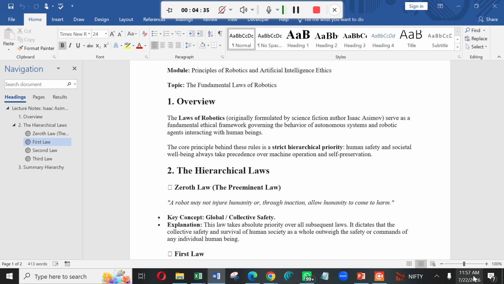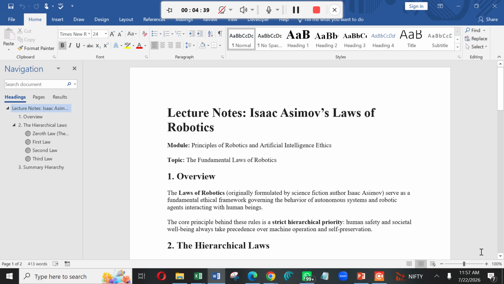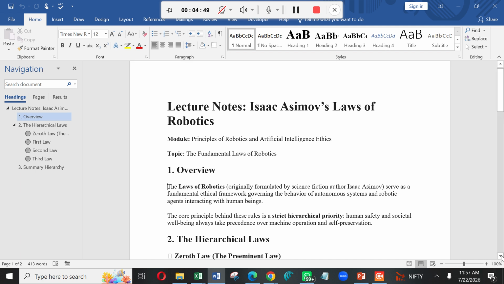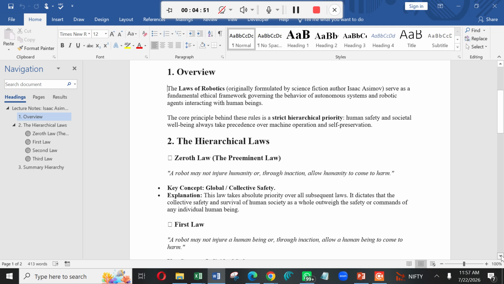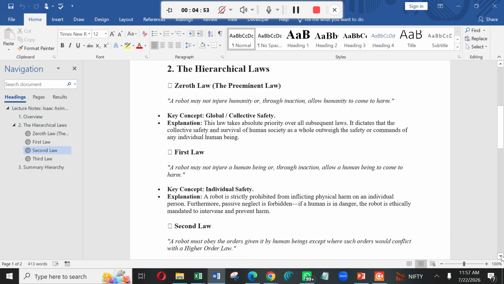Then what about the first law? The first law, what they are telling, a robot may not injure a human being.